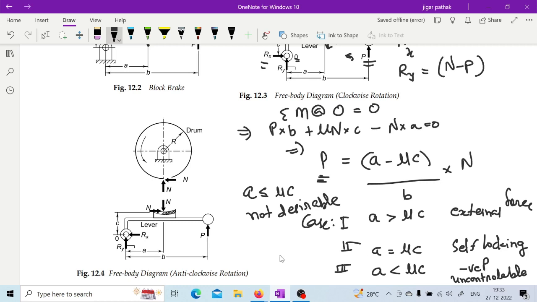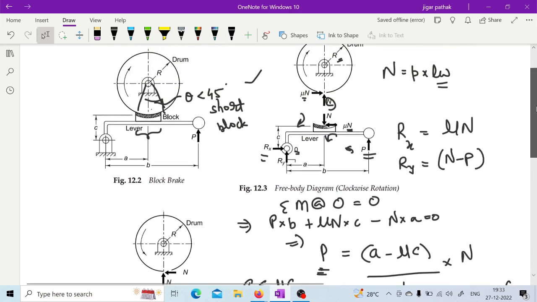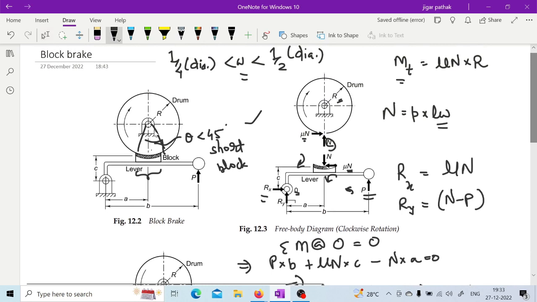Now one more important thing is that here we have assumed that the rotation is clockwise. While carrying out this analysis, what we have assumed is this clockwise rotation of the drum.